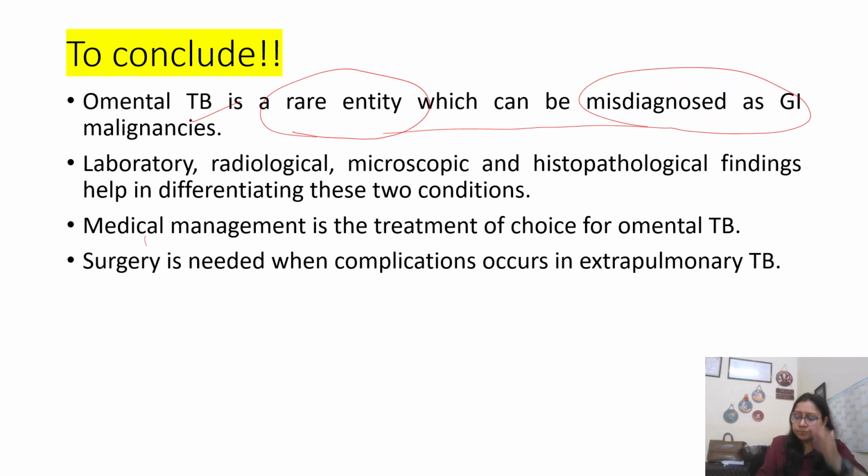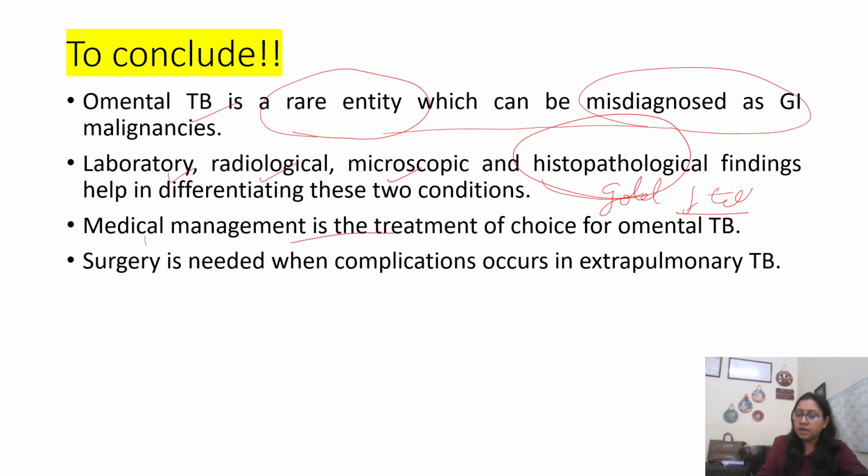You have to rule that out by taking history and going for detailed and ancillary investigations to confirm whether TB is there or not. Here laboratory, radiological, microscopic and histopathological findings play an important role, the gold standard to establish the diagnosis when you get an omental mass or omental caking.